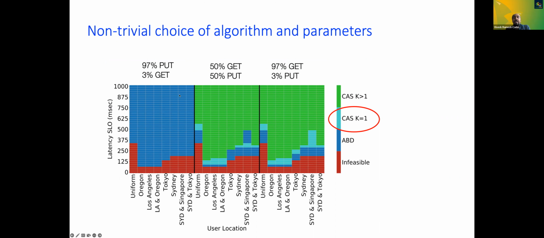One interesting finding is that there's an intricate dependence of the configuration choice on the ratio of gets and puts, and this is due to asymmetry in the cost between get and put protocols. Also, interestingly, sometimes even CAS k equals 1 is chosen, which is essentially replication, but CAS is chosen over ABD, and this is due to structural differences in these protocols that lead to cost differences.